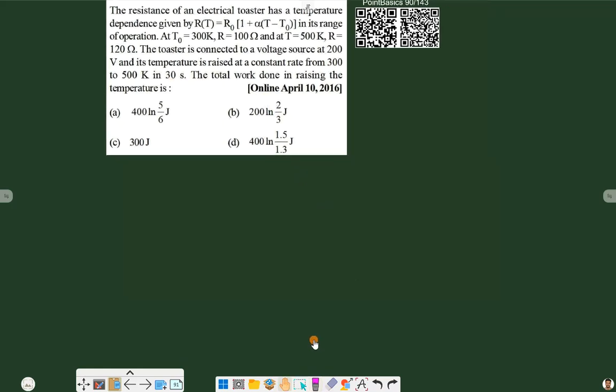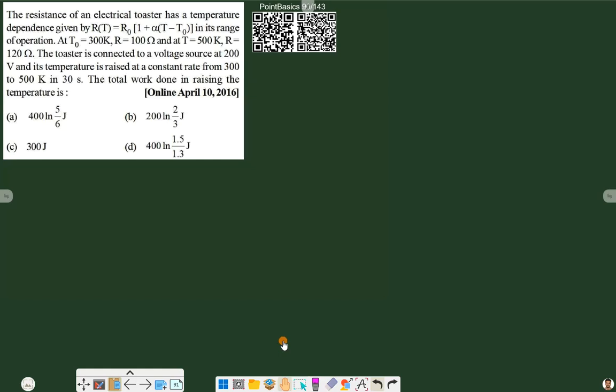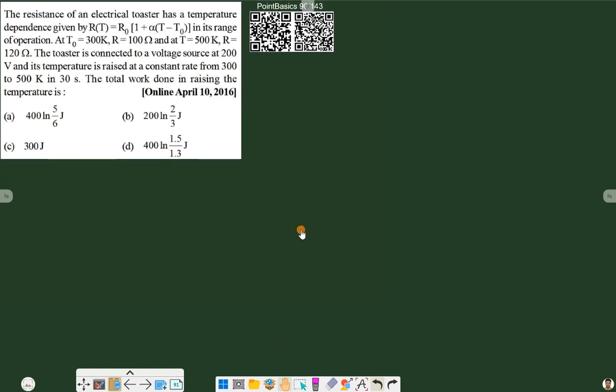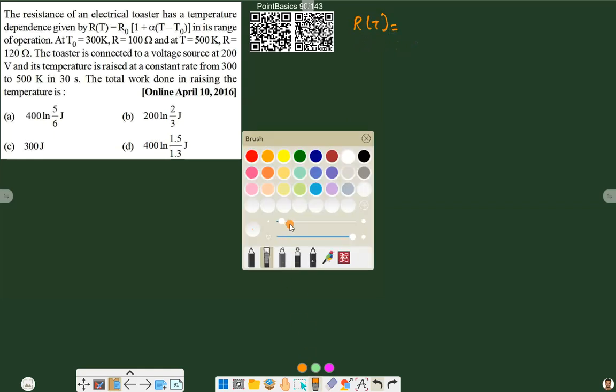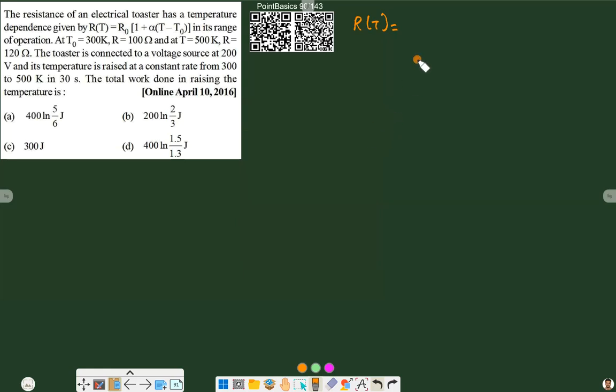To solve this question, first we will write this formula and find the values of the variables involved so that we can use them further. So let's write R_T is equal to R naught into 1 plus alpha times T minus T naught.